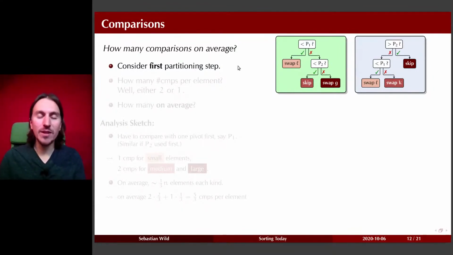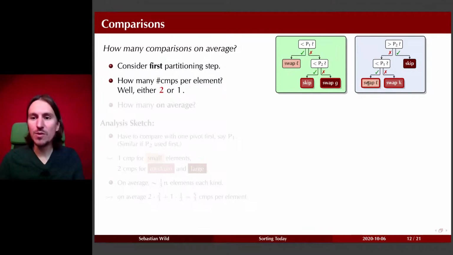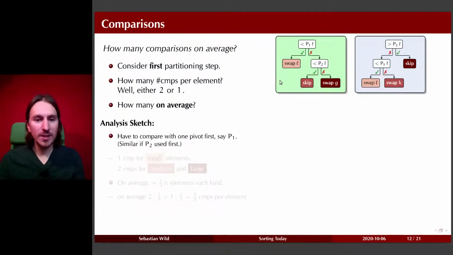The main thing to look at is how many comparisons do I need for the first partitioning step, the very first I do. And I can ask the question per element. Well, how many comparisons per element do I need for one classification? Obviously, either 2 if I'm in one of those 2 cases, then I had to compare with 2 pivots, or just 1 if I was lucky enough to end up in one of these cases. So the sensible question is to ask what's the average number of comparisons per element. Now here's a simple back-of-the-envelope calculation.